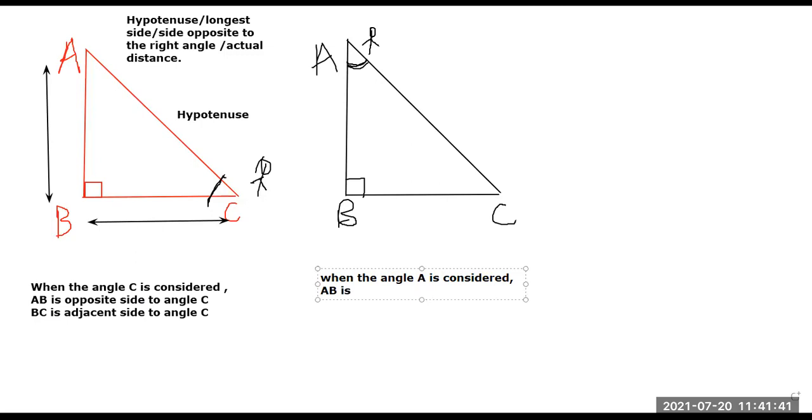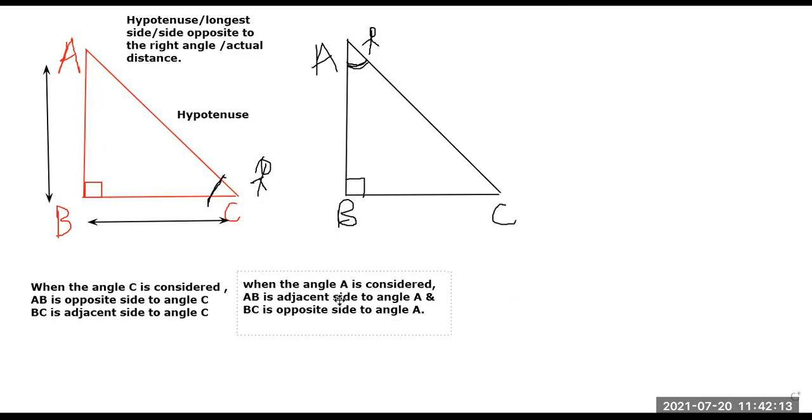AB is adjacent to angle A. And what about BC? BC is the side opposite to angle A. Very good. Got it now?